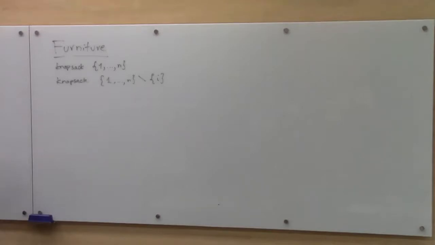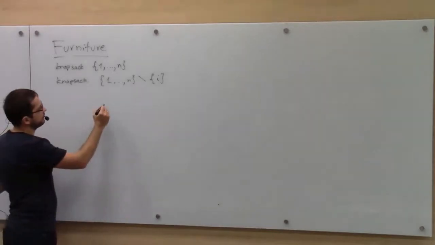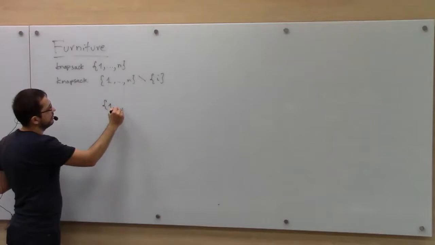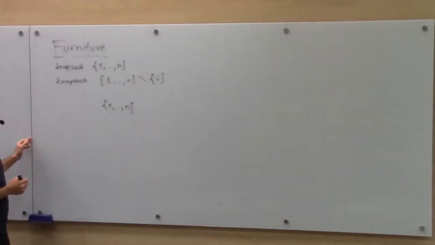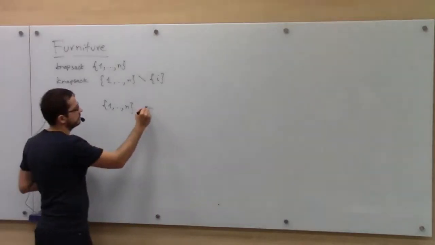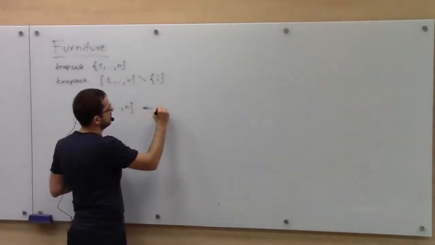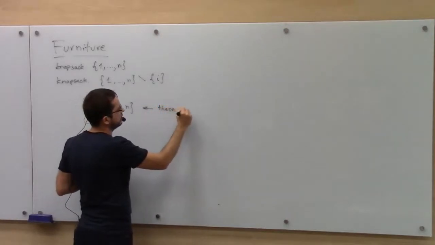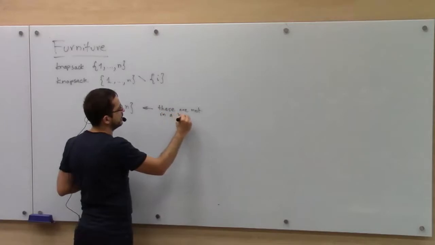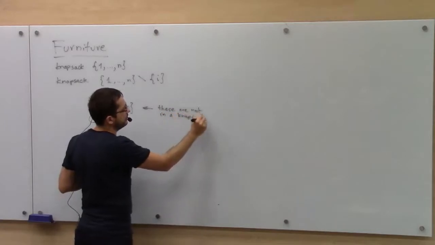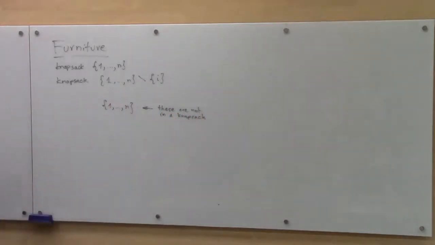Basically, we will start with all the elements, and we say that these are elements which are not in the knapsack. And we will divide them into groups.